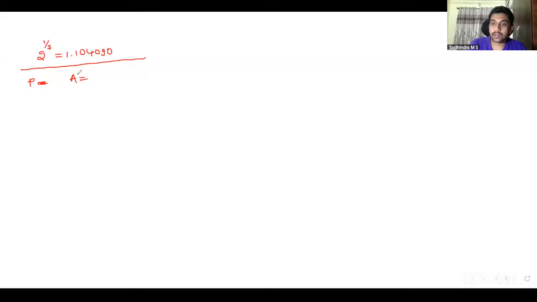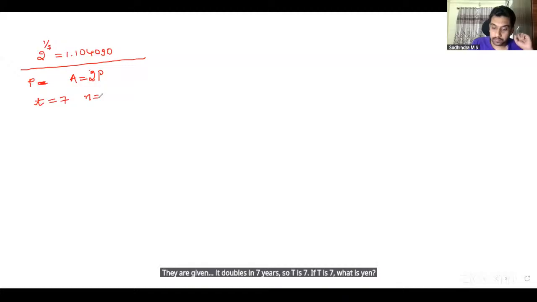Double of the principal, 2P. Very good. Amount is 2P, and it doubles in 7 years. So T is 7. If T is 7, what is N? N is also 7, because 7 into 1.